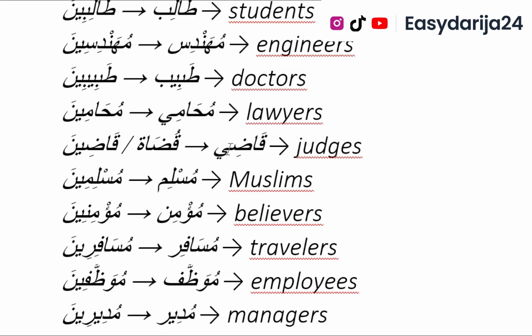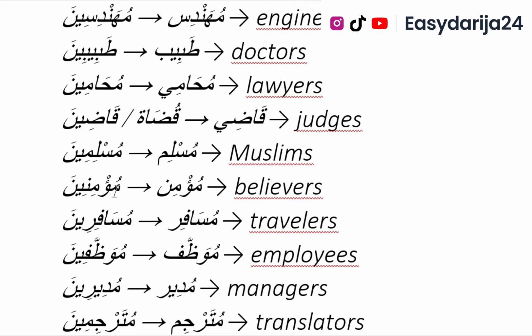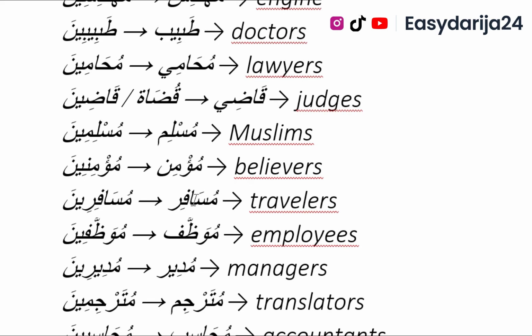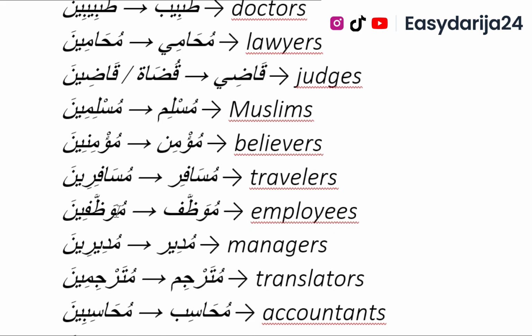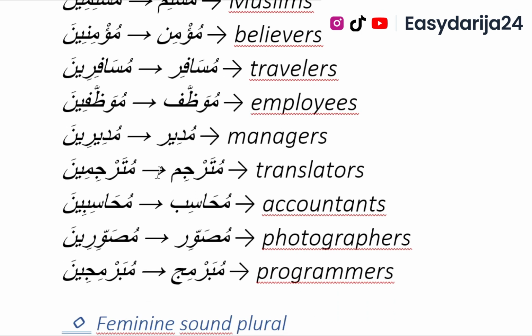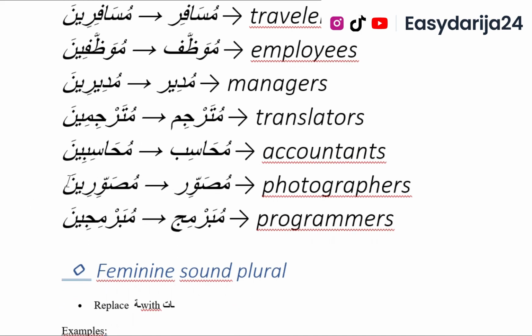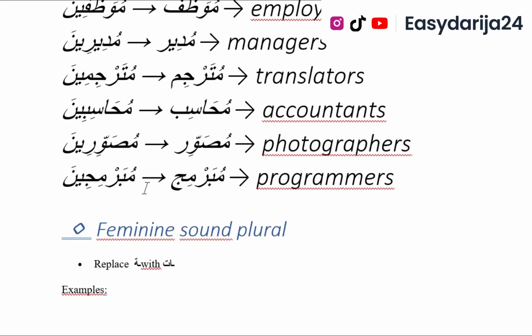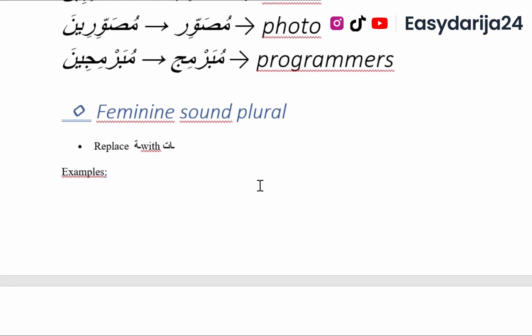This is irregular. مسلم, مسلمين. مؤمن, مؤمنين. مسافر, مسافرين. موظف, موظفين. مدير, مديرين. مترجم, مترجمين. محاسب, محاسبين. مصور, مصورين. مبرمج, مبرمجين.